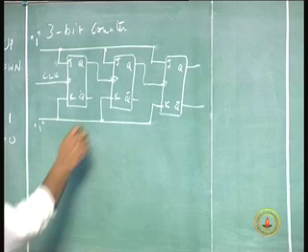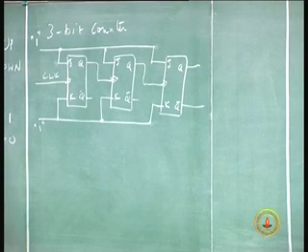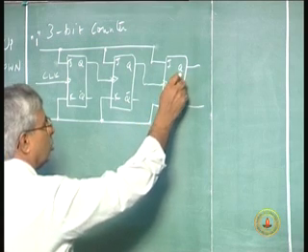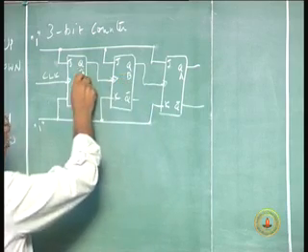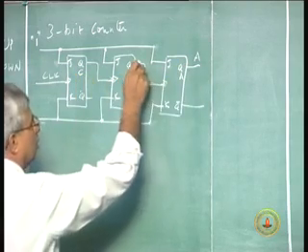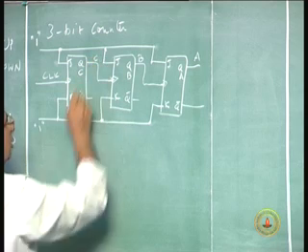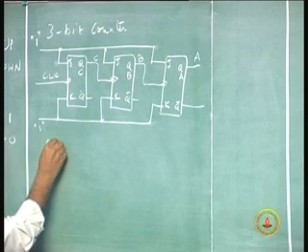So, I will call this A, B, C, the 3 counts. A is the least significant bit and C is the most significant bit. So, this is QA, this is QB, this is QC.